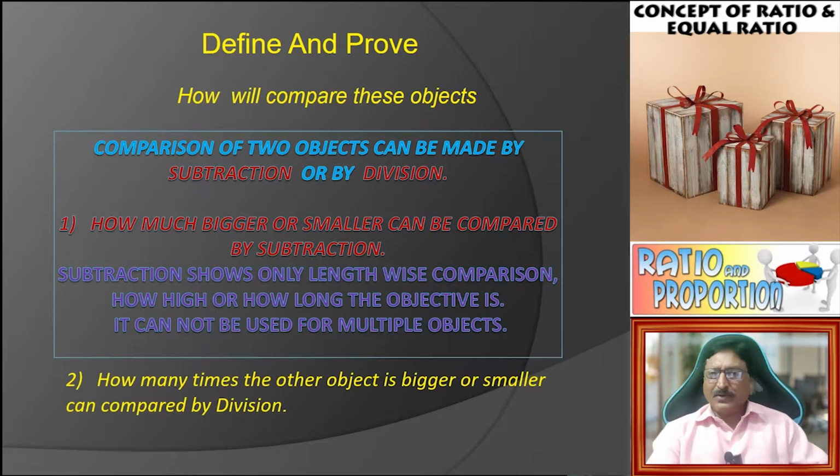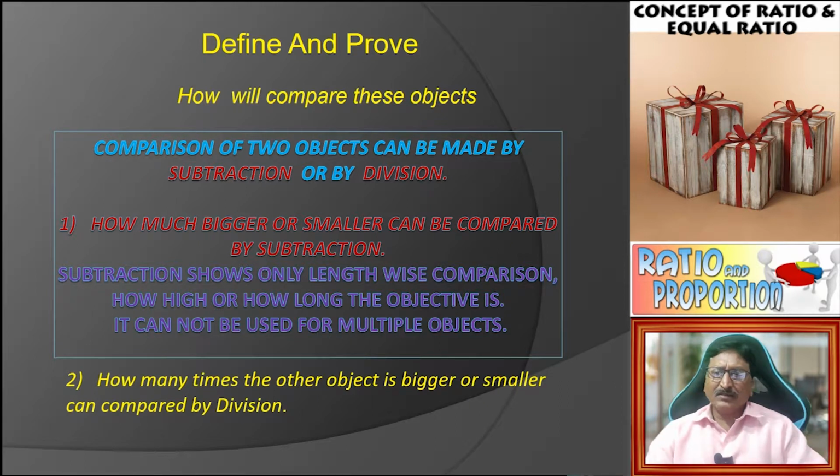Another method, we can compare by the division method. That means multiply. As an example, the length of pencil is 3 times the length of the chalk. But it will be so difficult many times to write or to understand by a simple method.